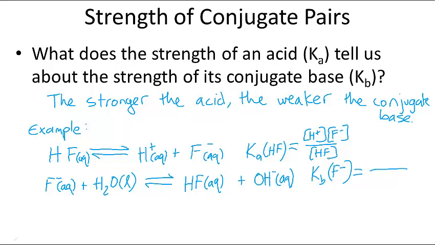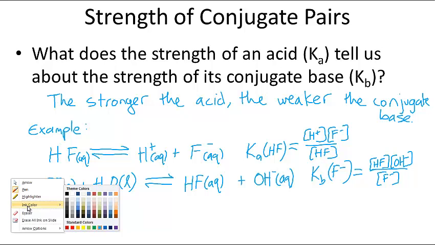All right, the Kb of F minus is going to equal what? Concentration of HF times the concentration of OH minus over concentration of F minus. What happens if I multiply these two numbers together?